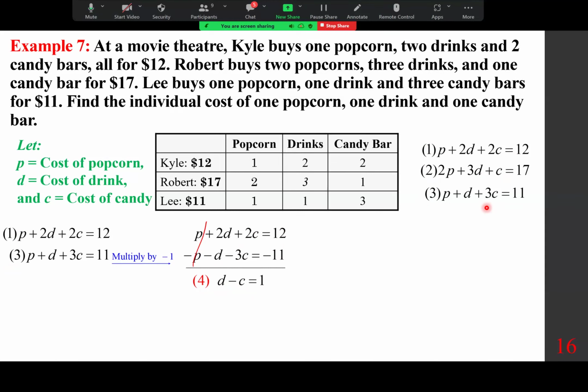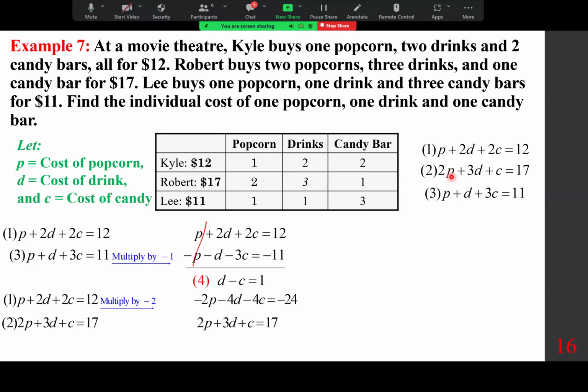But whether you use it with 1 or 3, you have to multiply 1 or 3 by -2 because this is positive 2p. So when we do that, this becomes -2p, this becomes -4d, this becomes -4c, and this becomes -24.